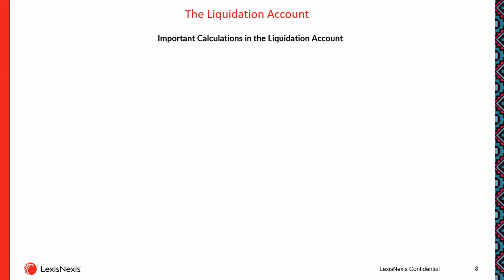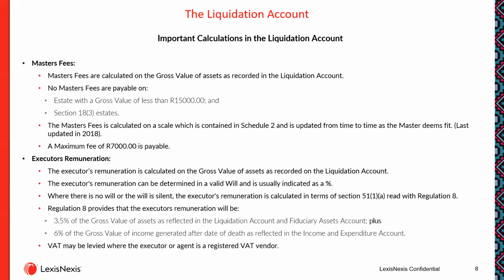So we can also look at some important calculations we have in our liquidation account. So the liquidation account and our recorded assets are used to calculate our master's fees and our executor's remuneration. So this is done by taking the gross value of our assets.